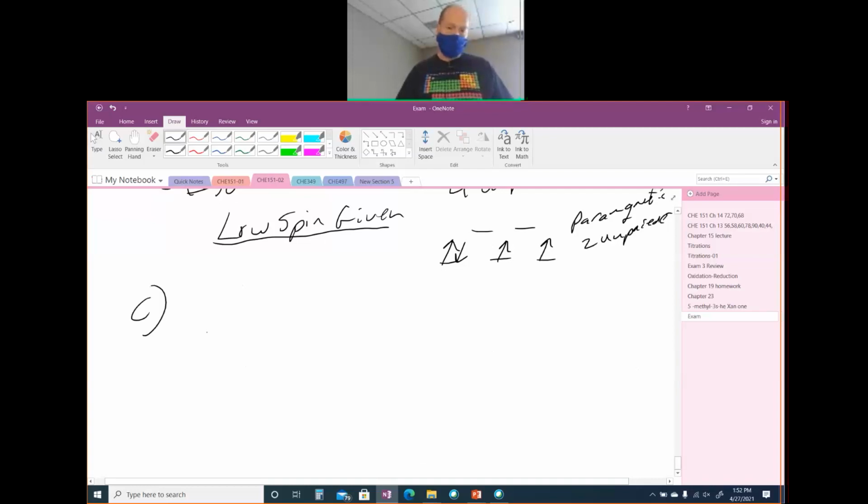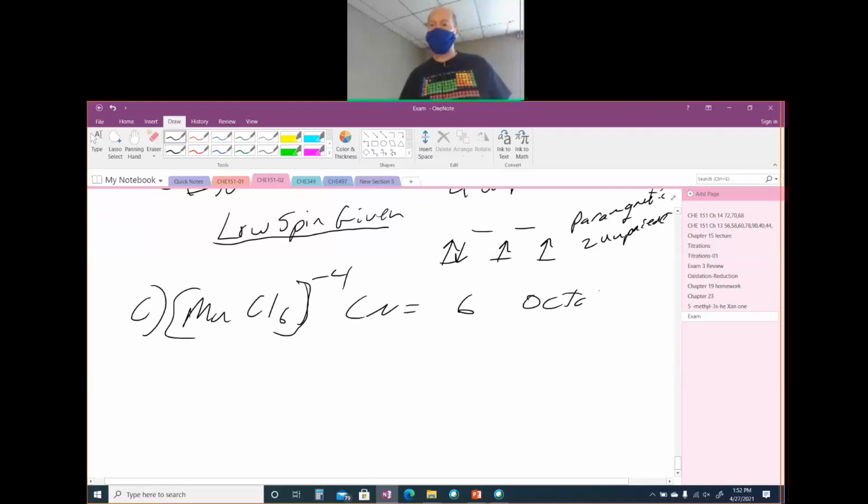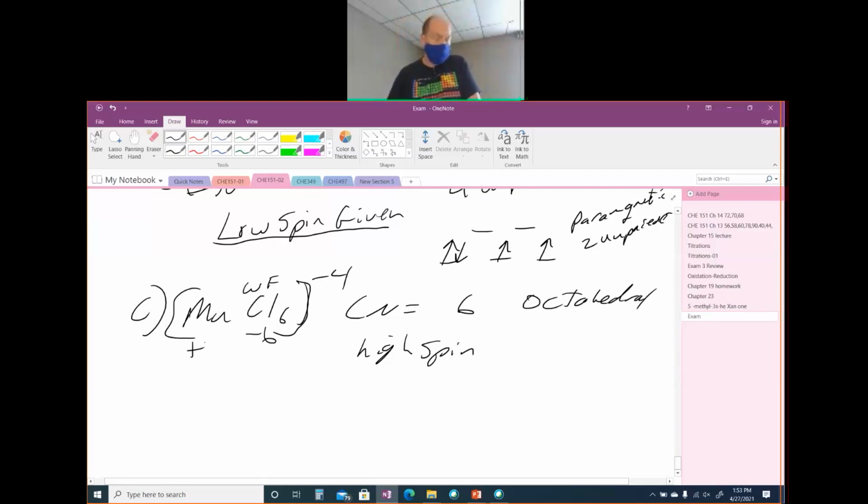Part C, MnCl6 minus 4. All right, coordination number is equal to 6. It's octahedral. You have a weak field ligand, and so you predict high spin, and then you actually see that, yes, they labeled it as high spin. You have your -6, so your Mn has to be a +2. You find your manganese on the periodic table. The number on top of that column is a 7.